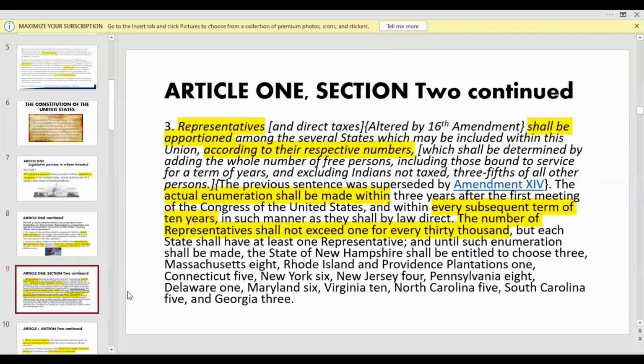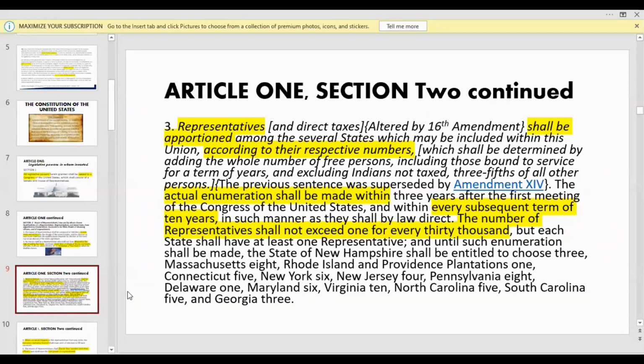So the 3/5 of all other persons, what was the story here? This was one of the initial great compromises. Southern states, a large part of their population was slaves. If they were allowed to count the slaves, they would have equal or maybe even more power in the House of Representatives than the northern states that didn't have slaves.